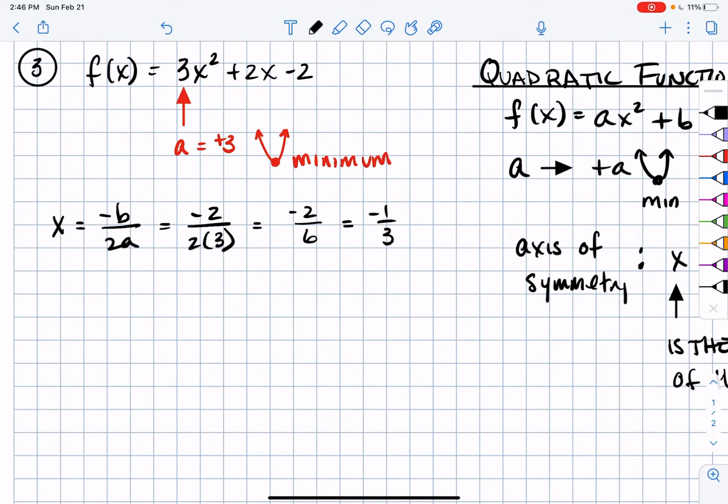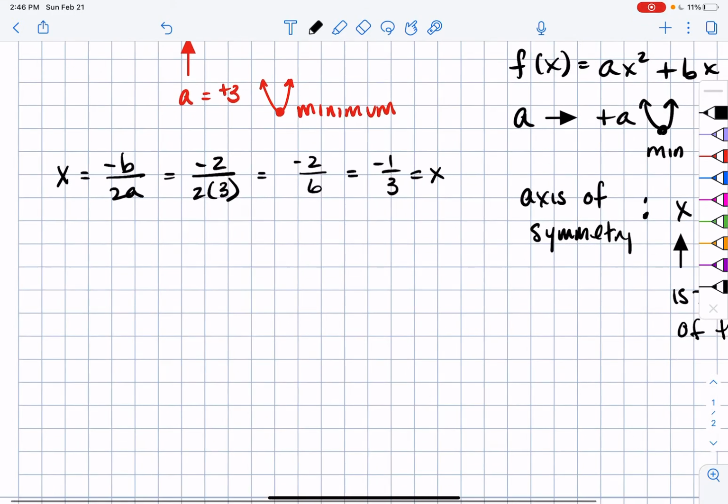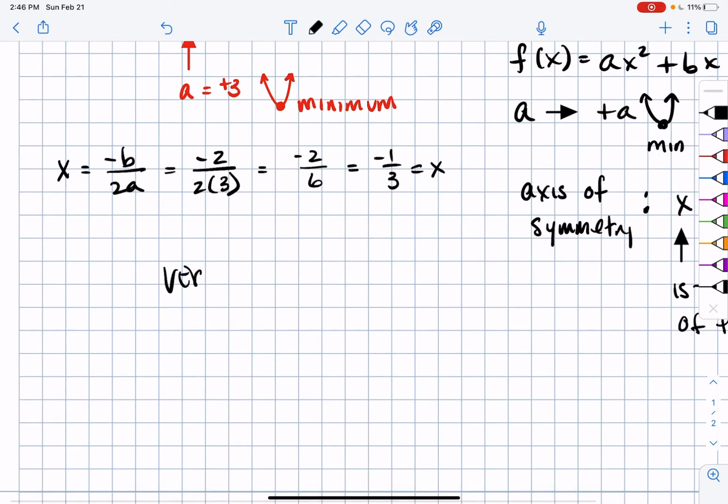That's my x value. So in my vertex, which is a point, I have negative 1/3, but I don't know what my y value is yet. So I can't even say what my vertex is yet.